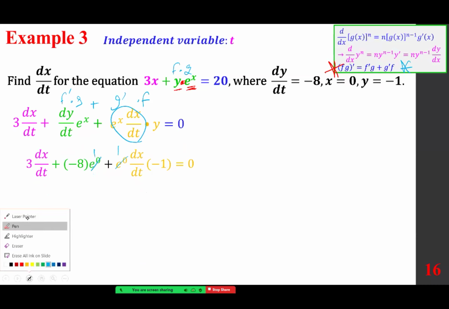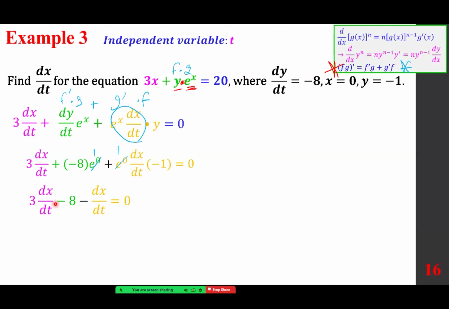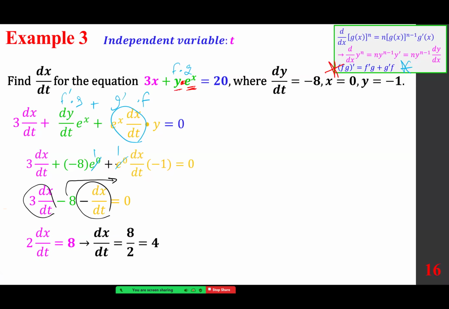And so we have 3 dx/dt minus 8 minus dx/dt on the left side. These two add up to 2 dx/dt. Negative 8 goes to the other side, positive 8 divided by 2, and we get 4. dx/dt equals 8 over 2 or 4.